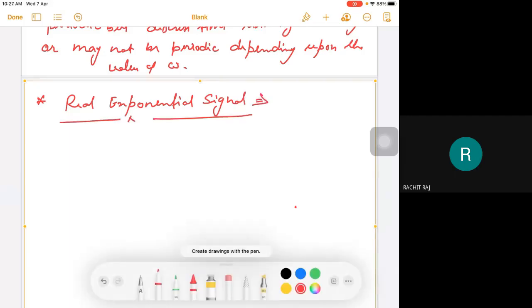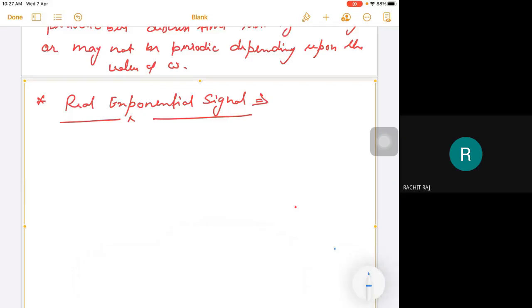In this type of signal, the generalized form is given by x(t) equal to A e to the power alpha t, where both A and alpha are real.